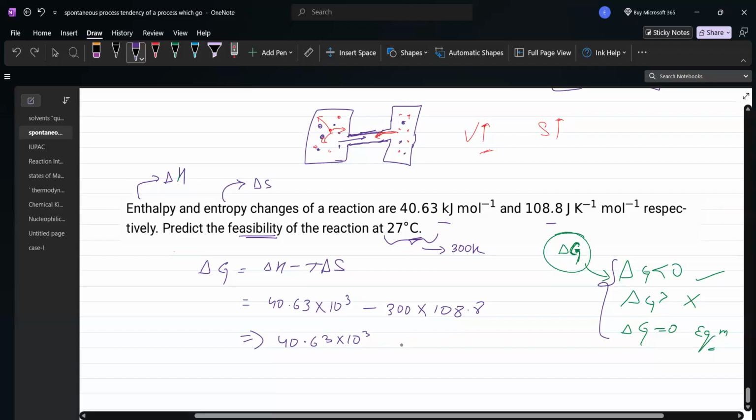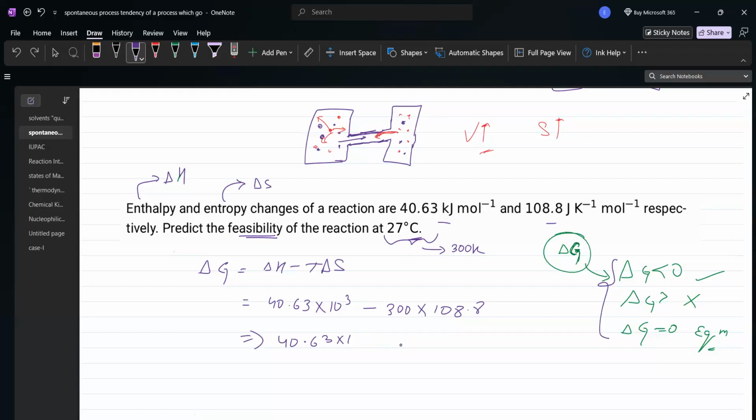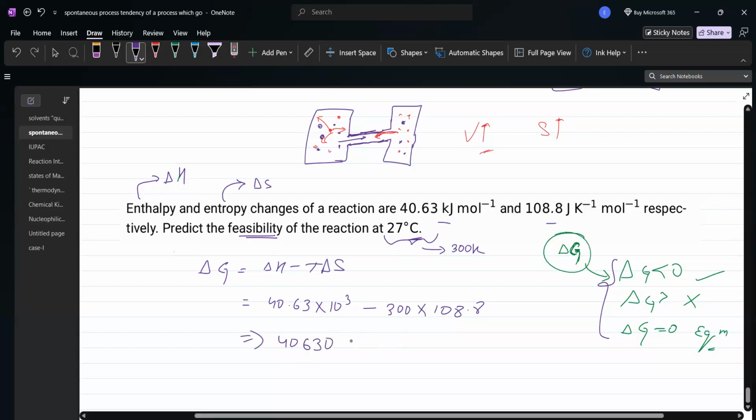For your easiness, we will multiply it by 1000. Okay. 40630 minus 300 into this. So let's assume it as 110.